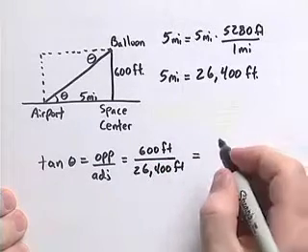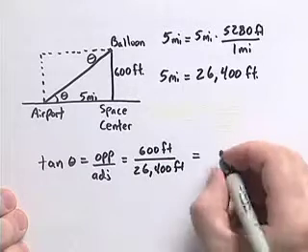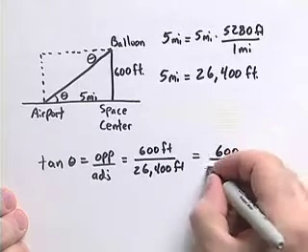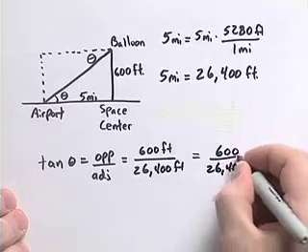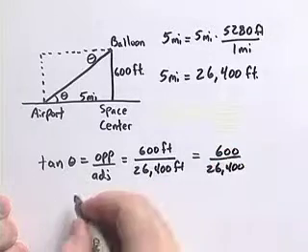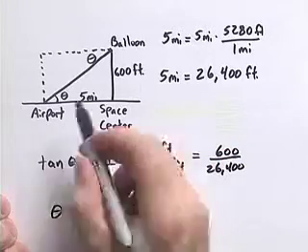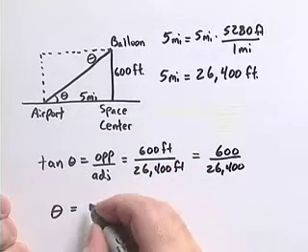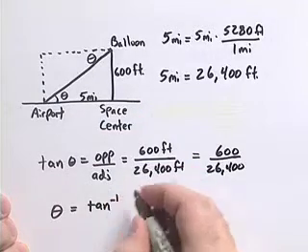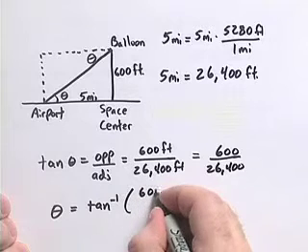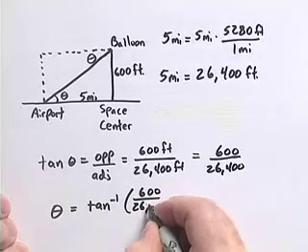And so we'll have that the tangent of theta is just equal to 600 over 26,400. We'll go ahead and cancel our feet. It means that theta, the angle of depression, is going to equal the tangent inverse of 600 over 26,400.